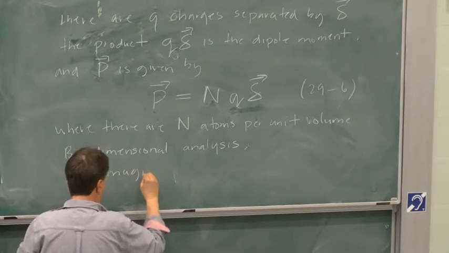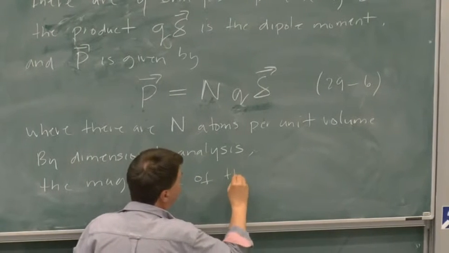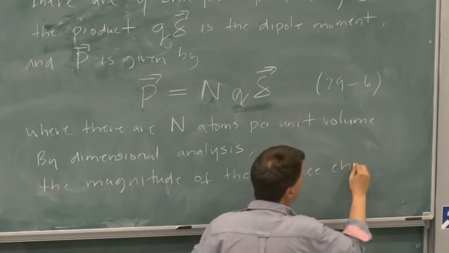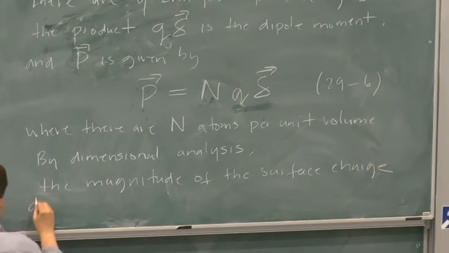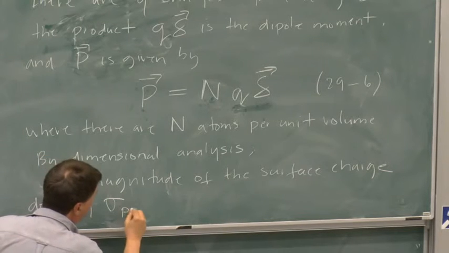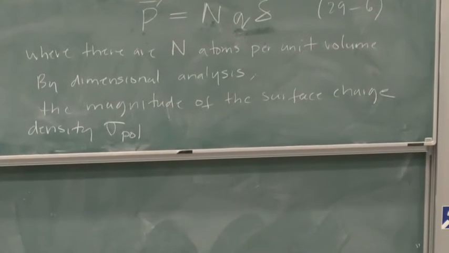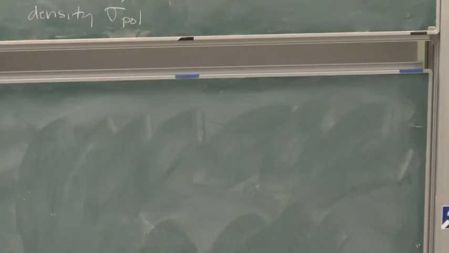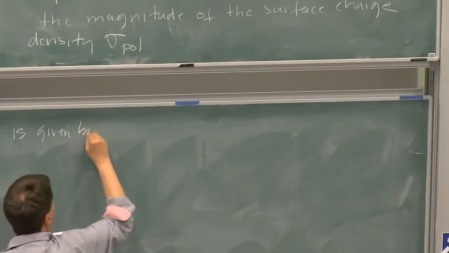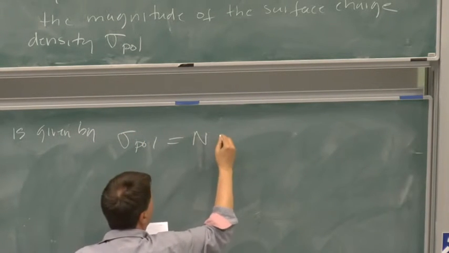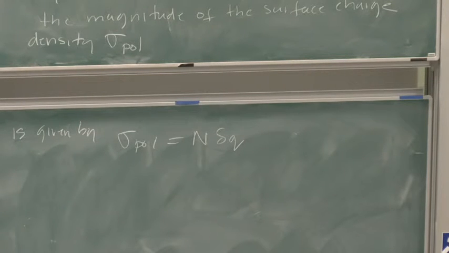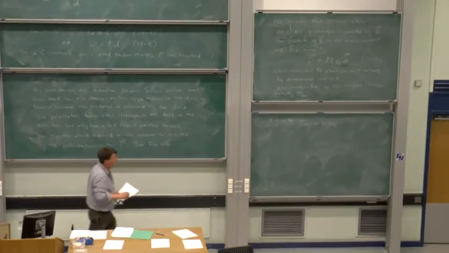The magnitude of the surface charge density sigma pole, again, given these very explicit subscripts, sigma free because that's what's on the capacitor plate, sigma pole because it's produced by the polarization, well, it's just given by sigma pole is equal to n delta Q. Again, you can see if there's n dipoles per unit volume and the polarization, you just pull them across through a unit area, you get this very straightforward result immediately, and you can see that this is right.